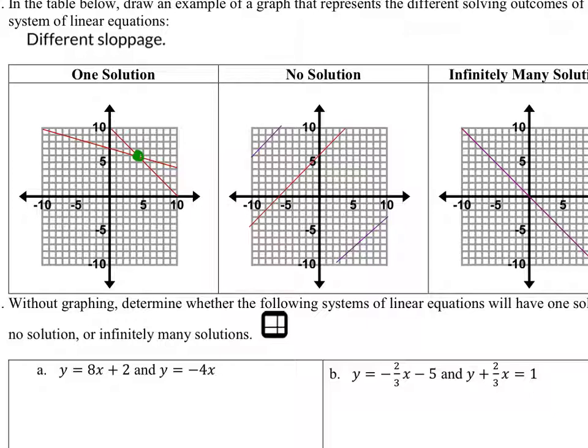The no solutions will have the same slope but different y-intercepts. And infinite solutions usually end up being the same equation.